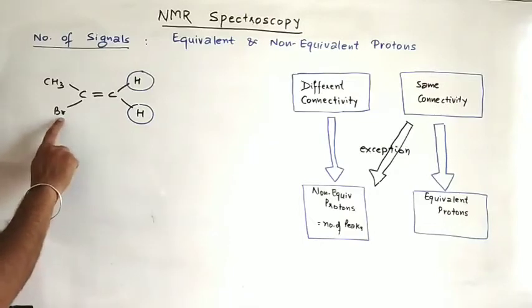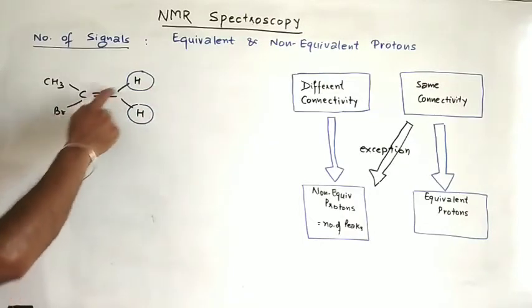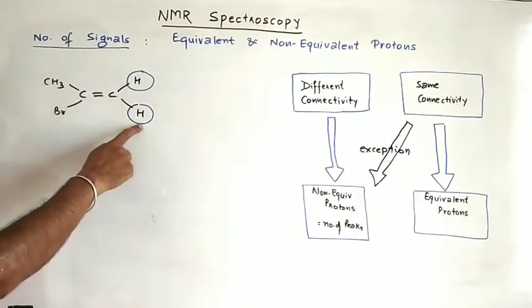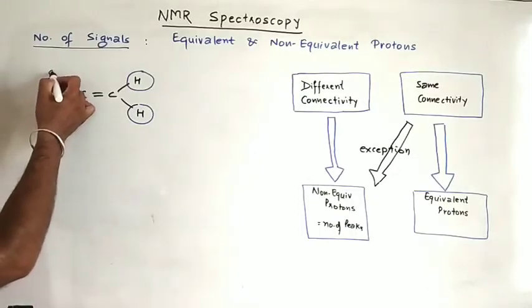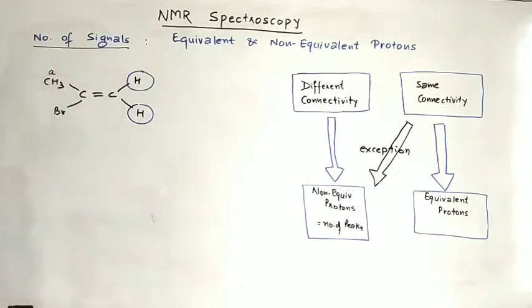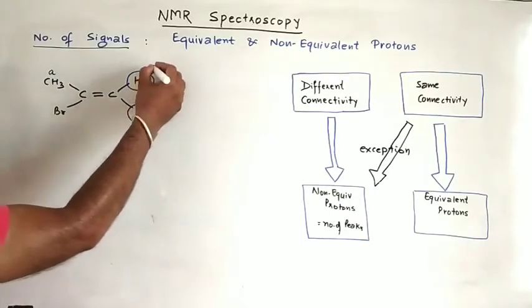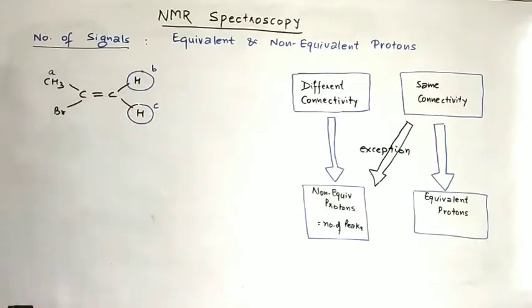This proton is cis to bromine, but this proton is trans to bromine. This proton is trans to methyl group, but this proton is cis to methyl group. That's why they show different peaks. Like these 3 protons, they are equivalent. They will give only 1 peak. So this will give another peak. This will give another peak.